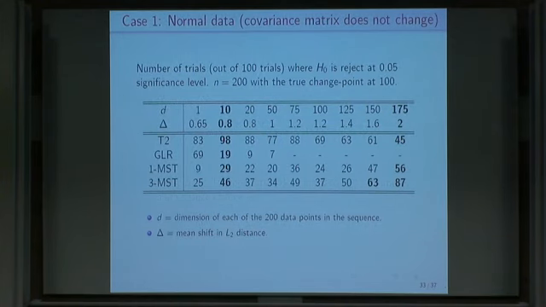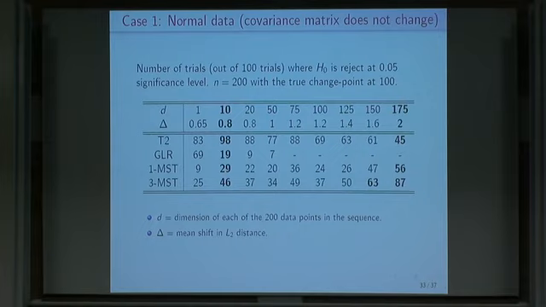And here is a result where the length of the sequence is 200, and there is a change at place 100. In this simulation, the covariance matrix is always the same. The change is a mean shift. I look at data of different dimensions.